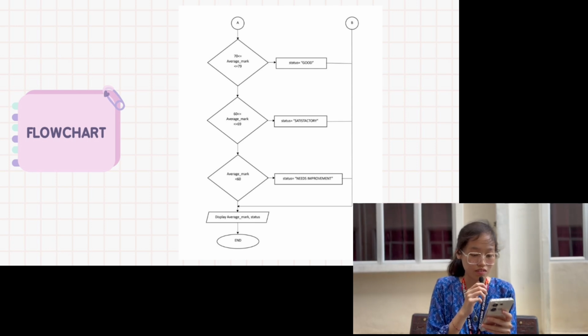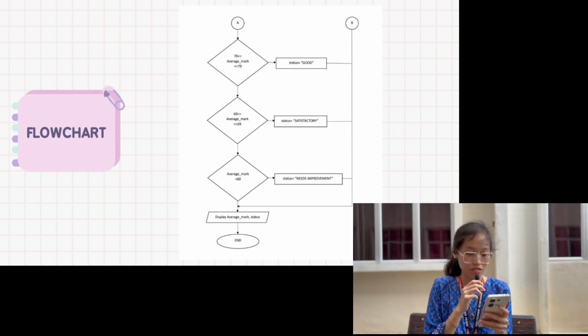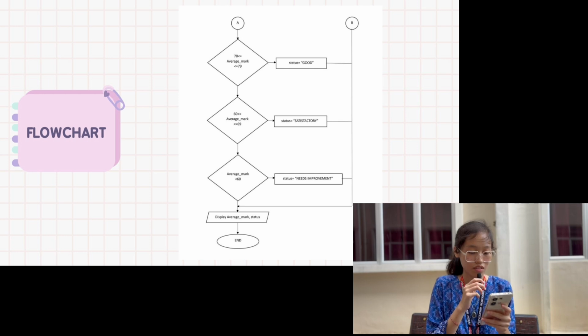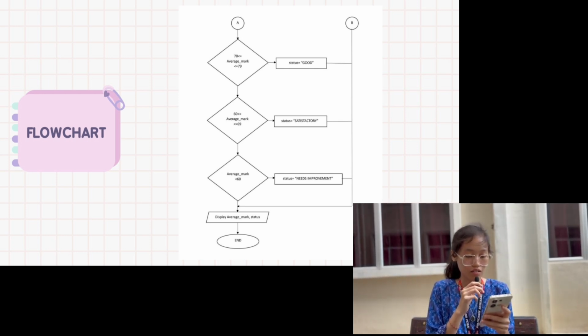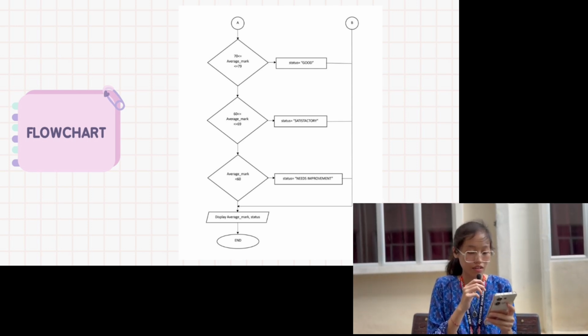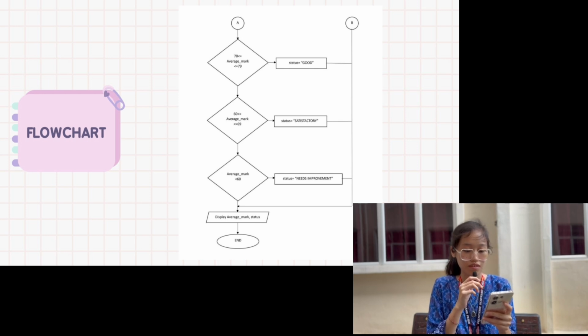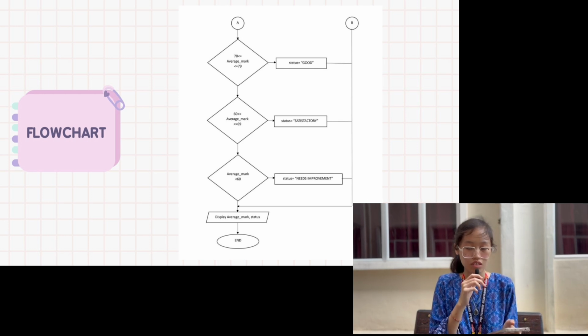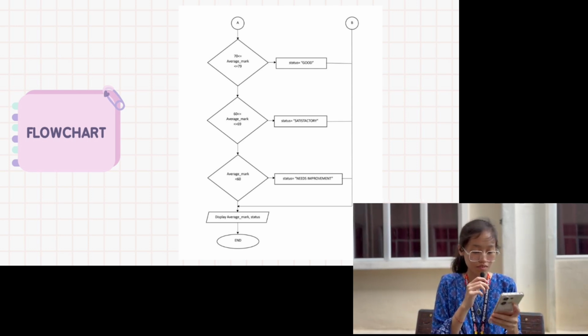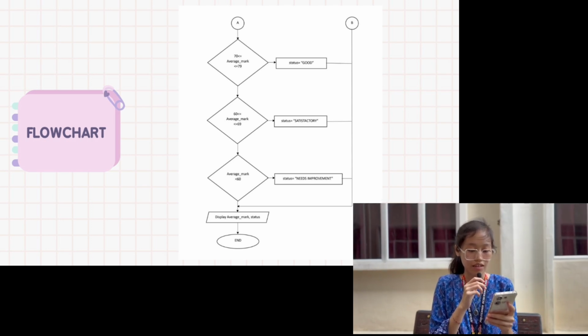If not, 70 to 79, status equals good. If not, 60 to 69, status satisfactory. And if not, average mark will be less than 60, status equals needs improvement. Then display average mark and status, and last will be end.